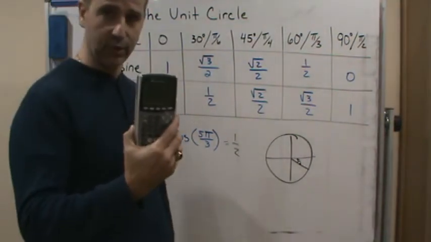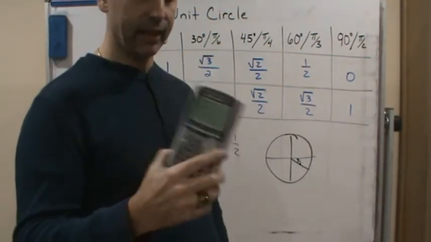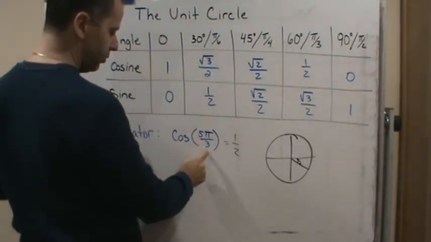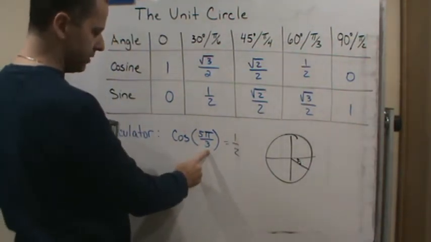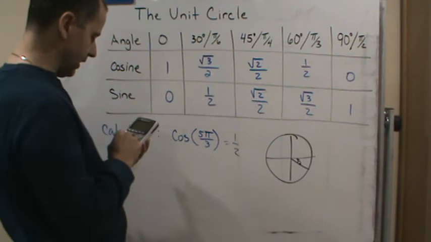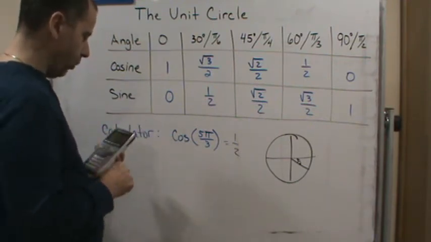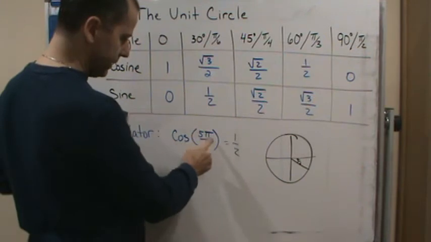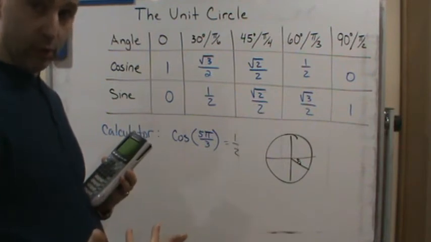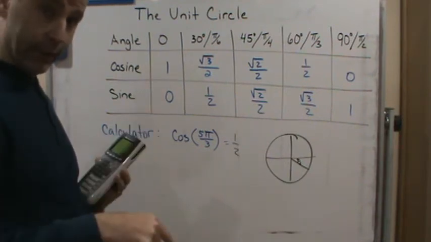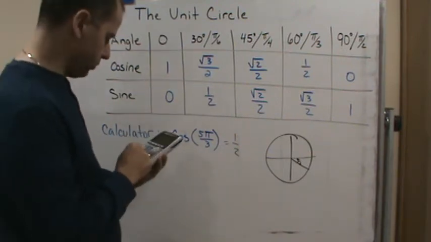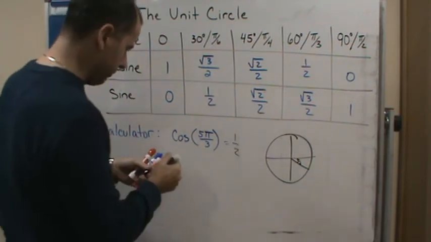Now, a couple things. If your calculator doesn't have the ability to go from degrees to radians, let's say your calculator only does degrees, and you need to change this angle from radians to degrees, what you would do is put the conversion factor, the unit ratio, for converting from radians to degrees inside the argument.